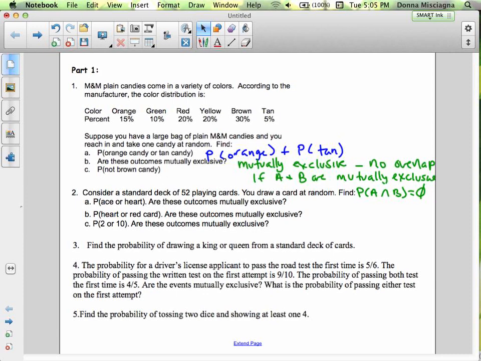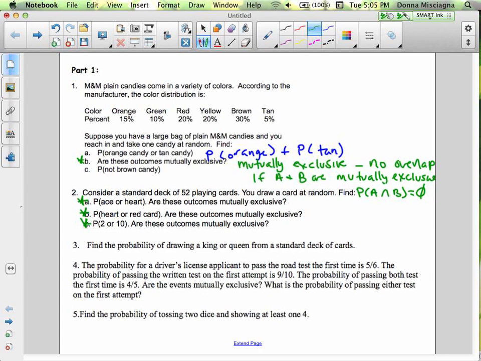And there are several questions that deal with mutually exclusive. So besides just this one, are the events mutually exclusive? We have this one, and this one.